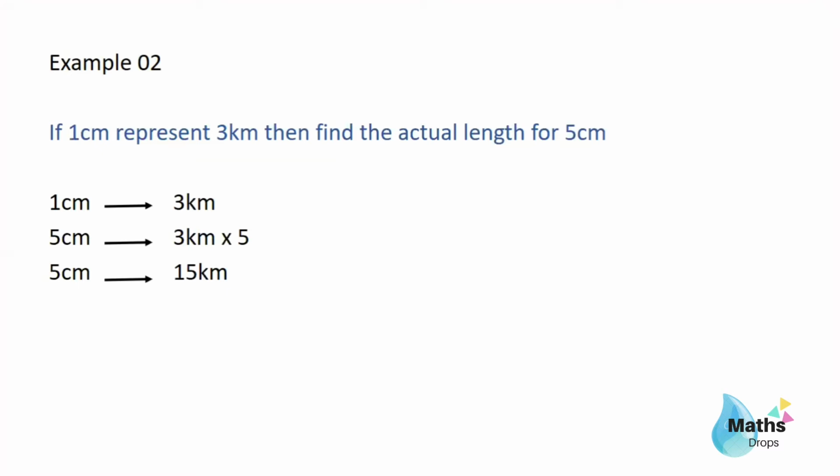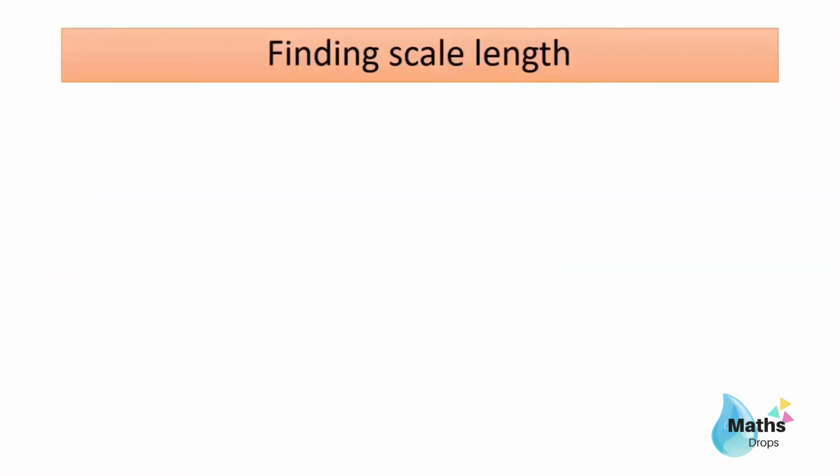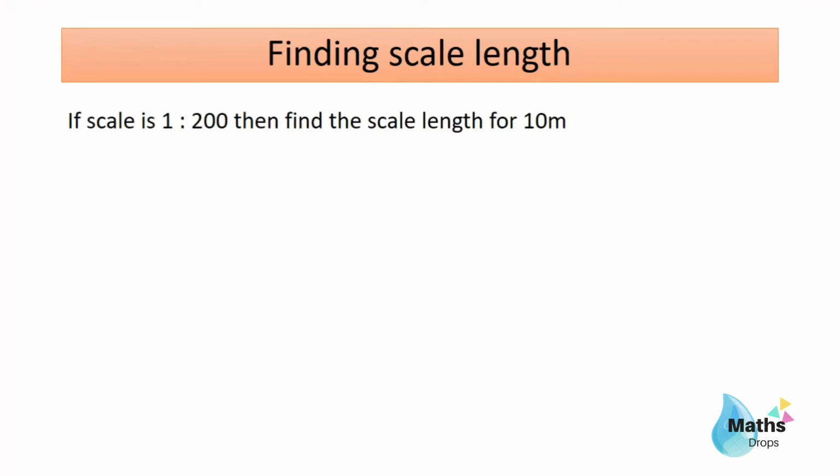Let's do it the other way. If we have a scale and the actual length, then let's find the scale length. Let's try with an example. If the scale is 1 to 200, then find the scale length for 10 meters. 1 to 200 means 1 centimeter represents 200 centimeters. Let's write it like this.